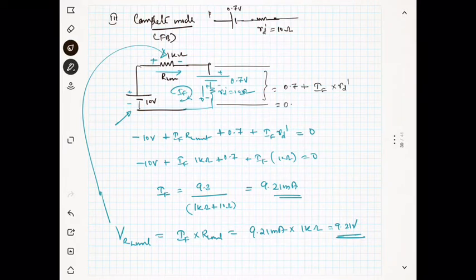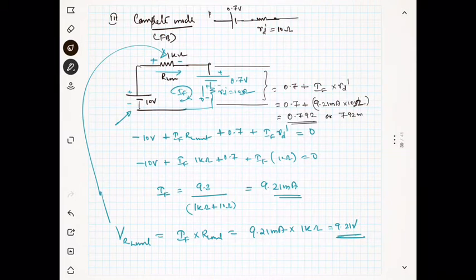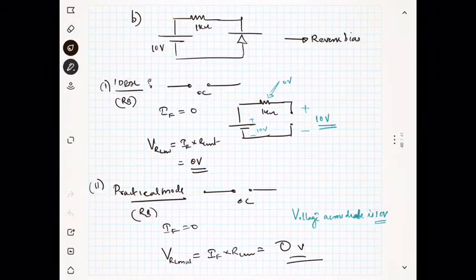That means it is 0.7 plus IF, which is 9.21 milliampere, and RD dash is 10 ohm, I think. Yeah, 10 ohm. So you can find the voltage across the diode as 0.792, or you can say 792 millivolt. That is the voltage across the diode. So this is how to solve this problem. This is the complete analysis and solution for this problem.